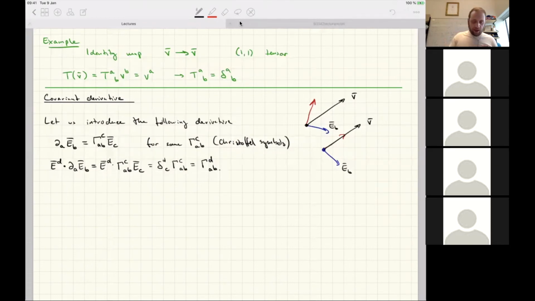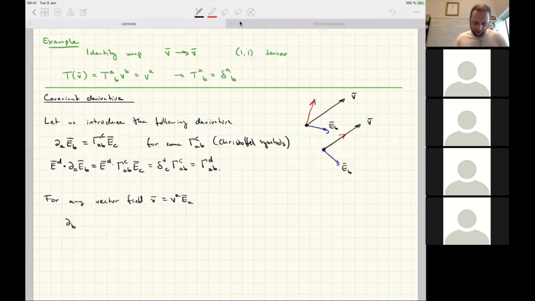So I can now use this if I want to describe the derivative of any vector field. So for any vector field, let's call it V, we know that we can expand it in terms of components, in terms of the tangent basis. So I'm going to write it as VA EA. If I want to know how this vector field changes from point to point, then I can look at the partial derivative.